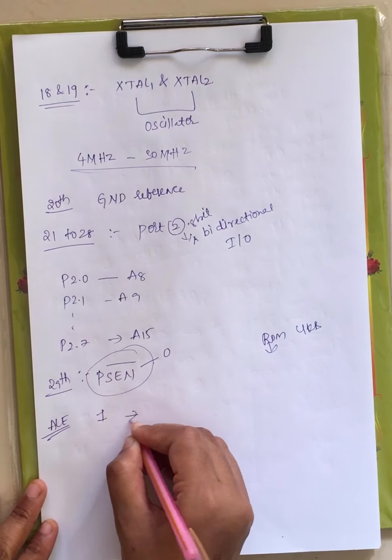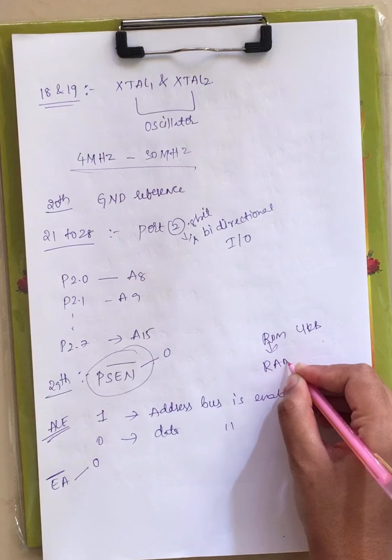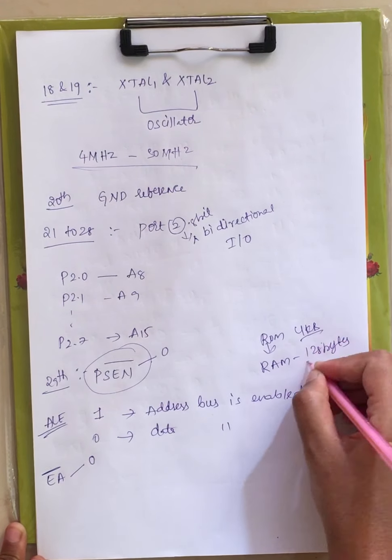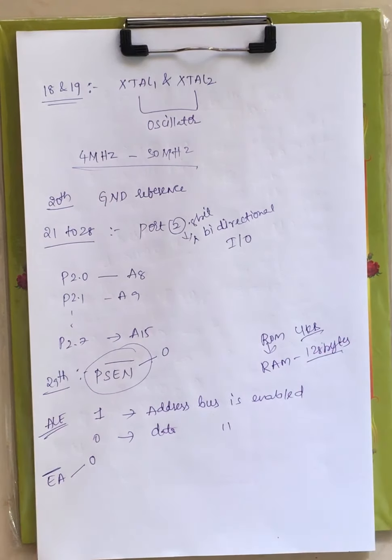Now we have ROM memory of 4 kilobytes for your 8051 and RAM memory of 128 bytes, right? Now if this memory is not sufficient, externally you can interface some memory, right?